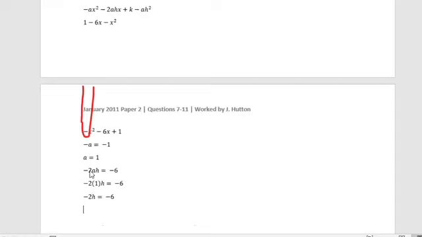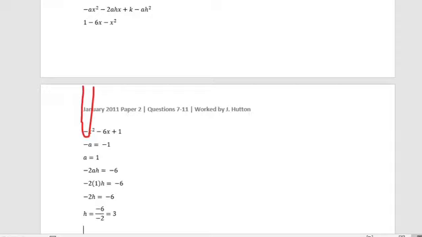And therefore h is equal to negative 6 divided by negative 2, and that will result in a positive 3. So therefore the value for h is a positive 3. Now in the end, k minus ah squared is equal to 1. So k minus ah squared is equal to 1.